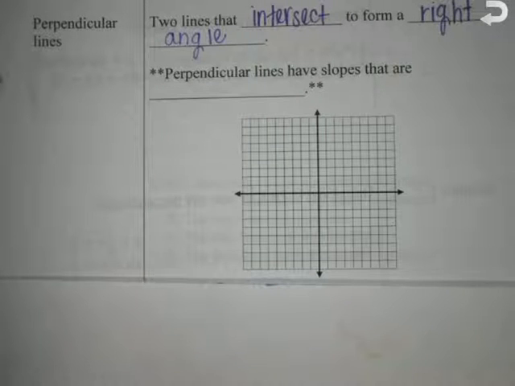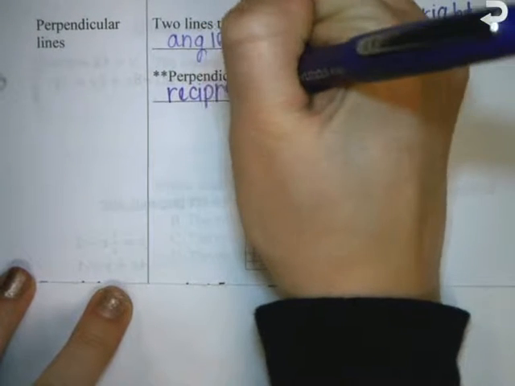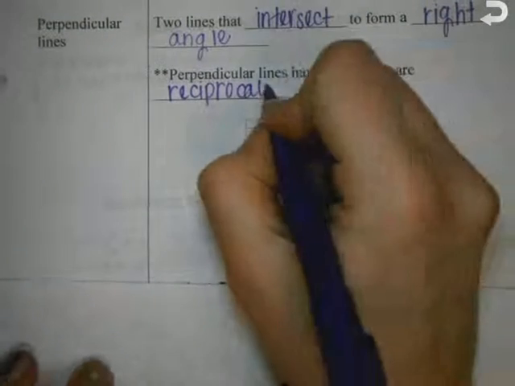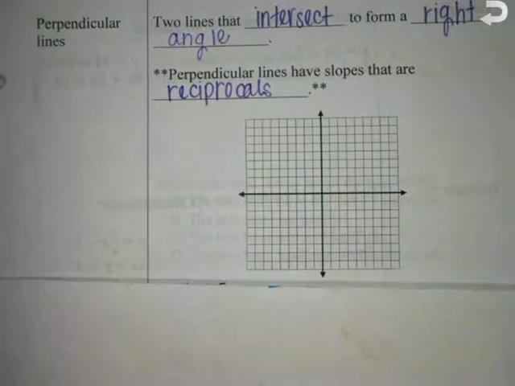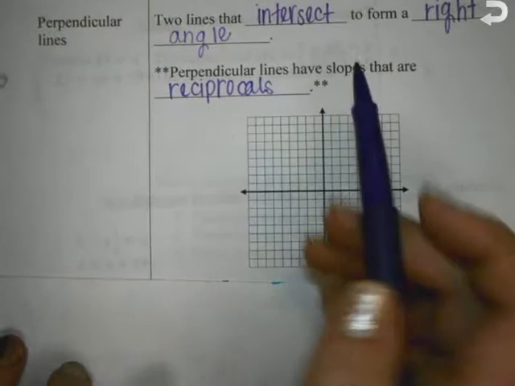Alright, perpendicular lines have slopes. Do you think they're the same if they intersect? No, they're not, because if they were the same, they would be parallel, right? Their slopes are reciprocals of each other. Reciprocal means that we flip it. They're not just reciprocals, they're also opposite.